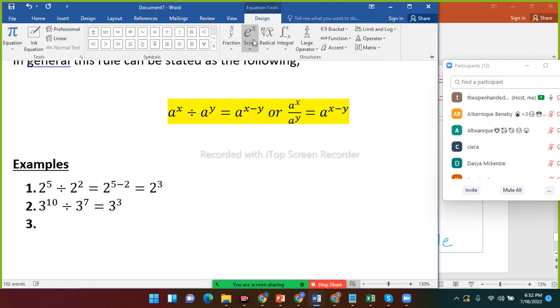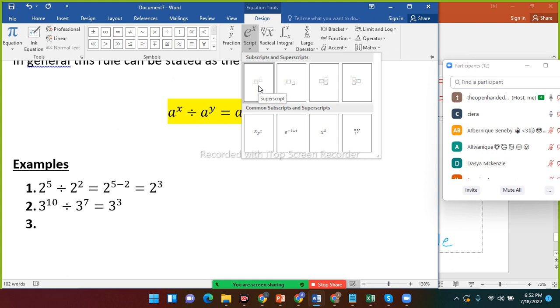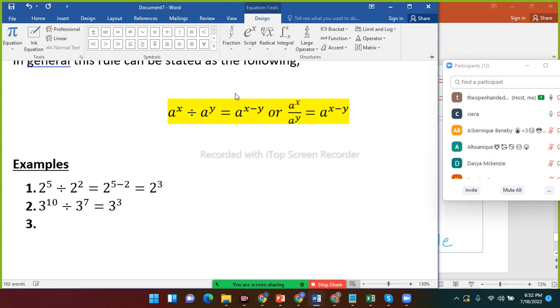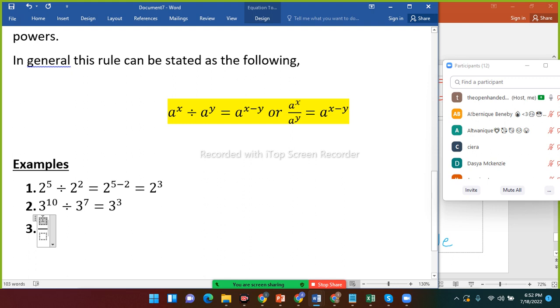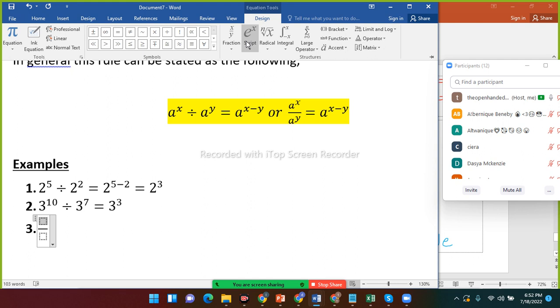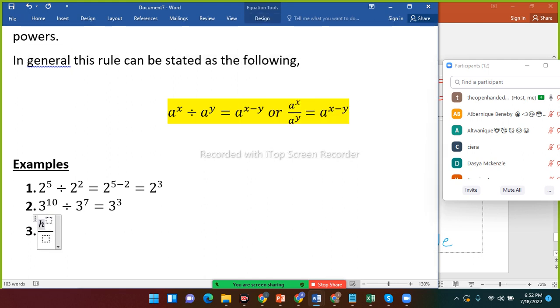Surya, I want you to answer this one. Let's say, for example, I have h to the power of 9 divided by h to the power of 3. What will my answer be?